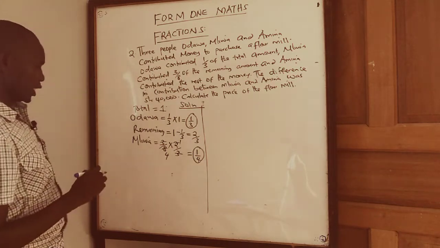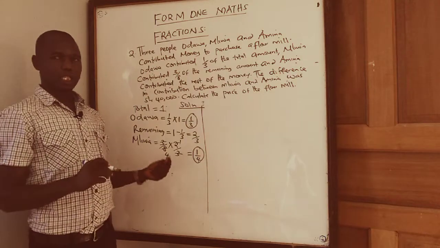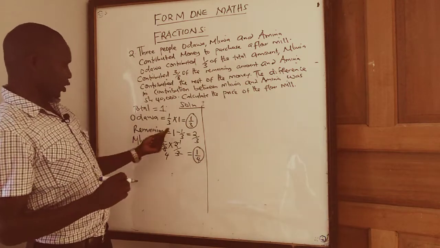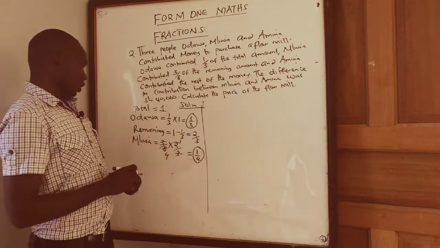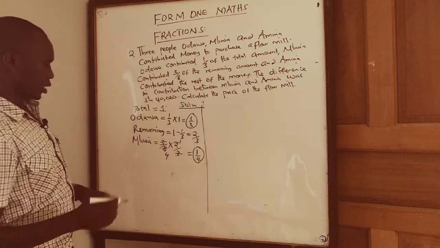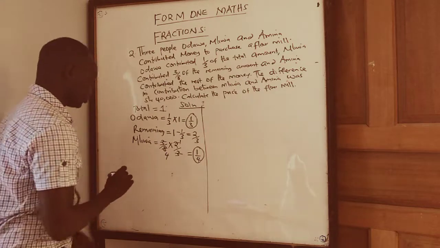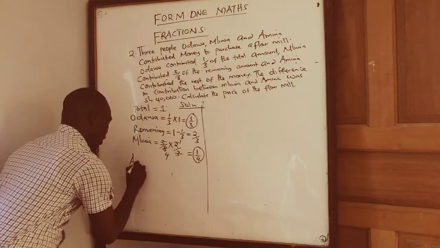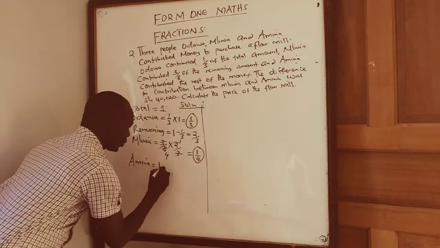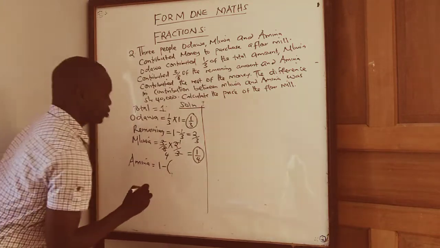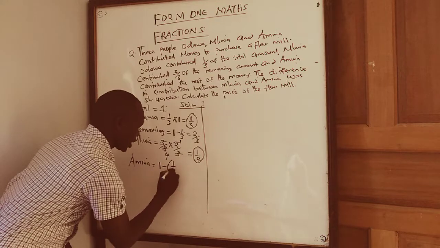So how do we get the rest? We have to calculate the fraction of the money that is contributed by Odawa and Mliwa. Then the rest is going to be contributed by Amina. So what Amina contributed will be equal to the total amount minus what the two have so far contributed, which is a third.